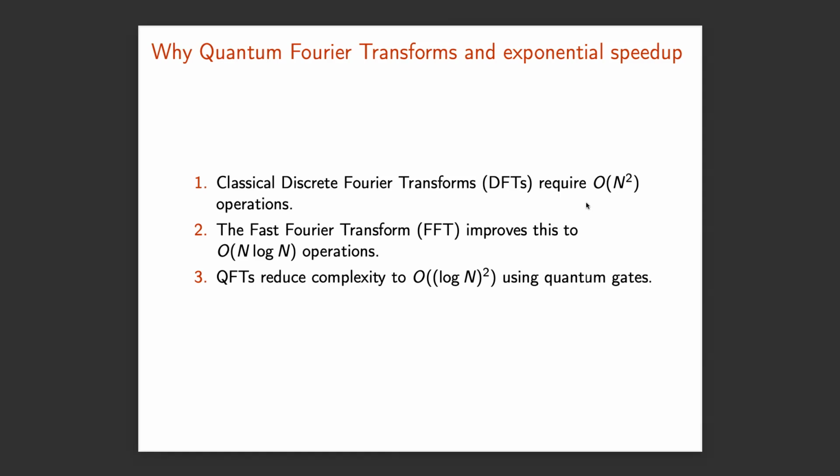Then we have the popular algorithm, the one which is ranked as one of the top 10 algorithms of the last century, and is still ranked as one of the top 10 algorithms, the fast Fourier transform. And that improves this to n log n. And then the QFTs reduce the complexity to log n squared.